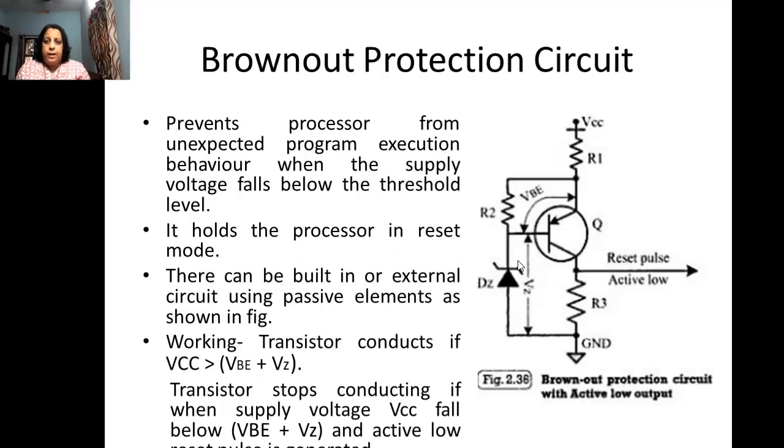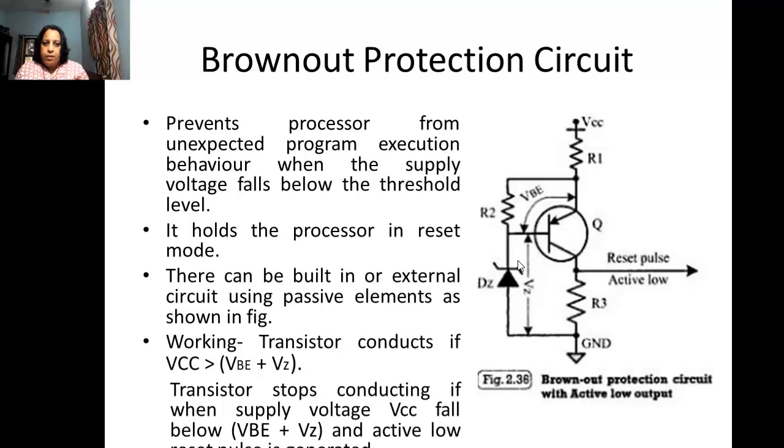What exactly the brownout protection circuit does is this: if VCC, the supply voltage, goes down beyond a certain threshold level, then the processor behavior may be unpredictable. That means the execution may be an unexpected execution.